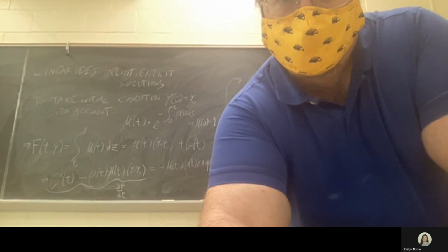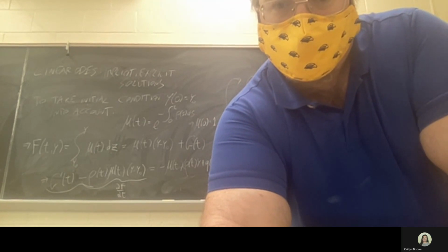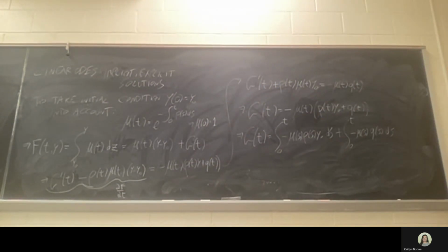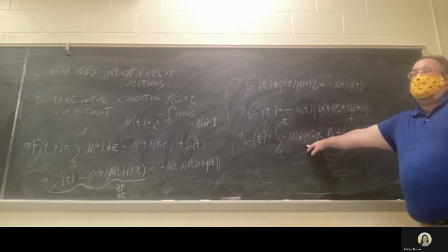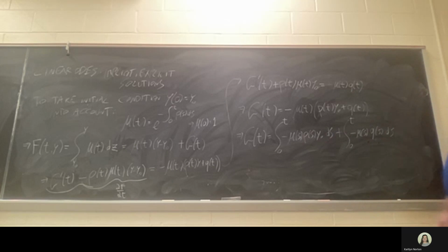Oh, dang, running out of time, but I think it's all going to work out the way I want it. I deliberately broke it up into two separate integrals because this one's actually doable. I can't do anything with that, that's just going to be left as an integral.